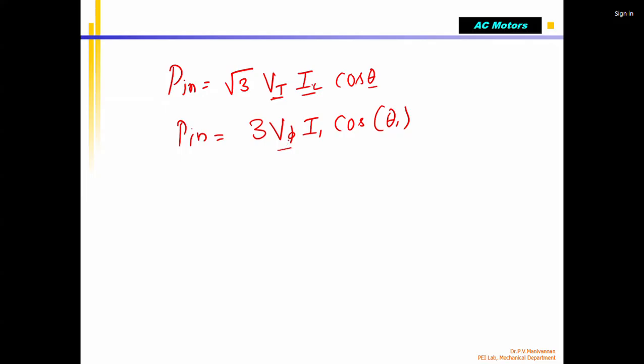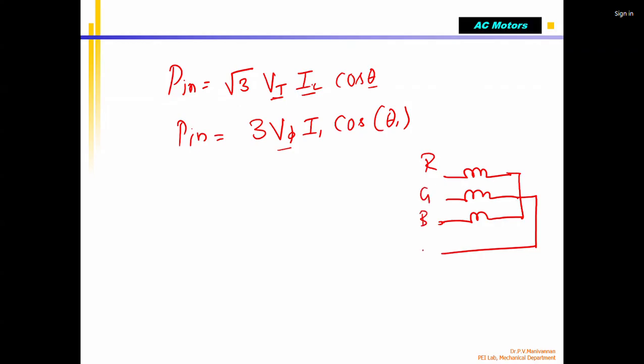Phase voltage: there are two voltages. If you talk about three phase, I have three phase coils connected. There are R, Y, B, and neutral. Four wires will be coming for the three phase voltage. If I measure voltage between neutral and any phase, it is called V_T, the terminal voltage.